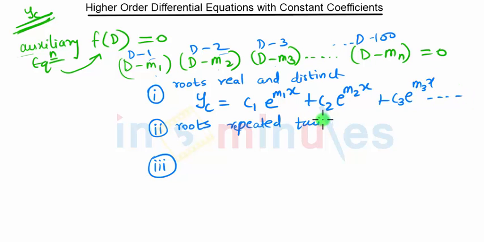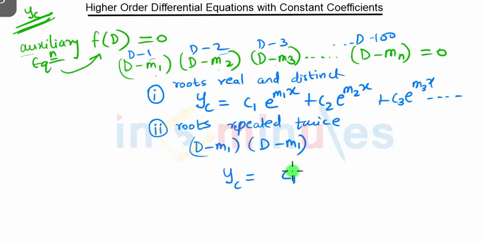When roots are repeated twice, let's say our root m1 is repeated twice, so it will be D minus m1 and D minus m1. The complementary function in this case will be C1 e raised to m1x, the first part will remain the same, plus C2 e raised to m2x, but instead of m2, because the roots are repeated, it will again be m1.